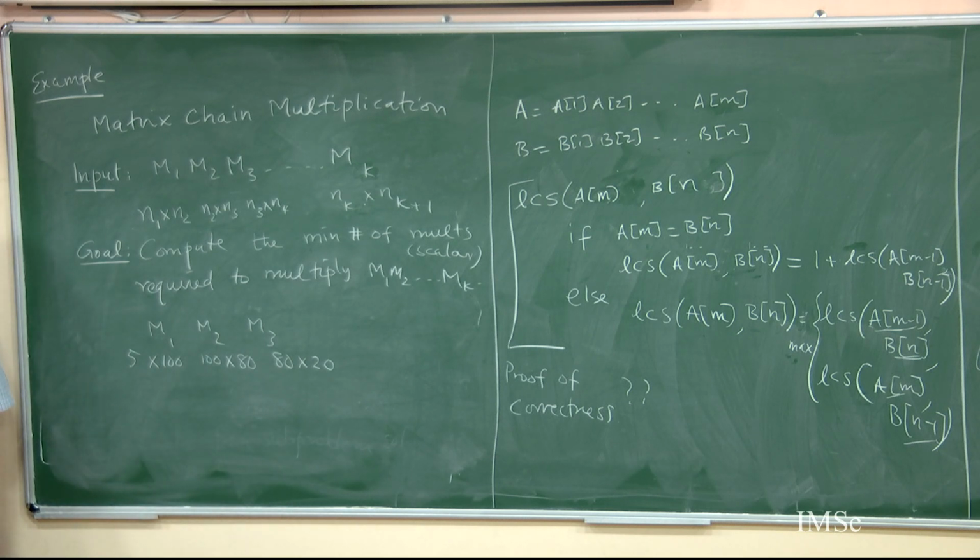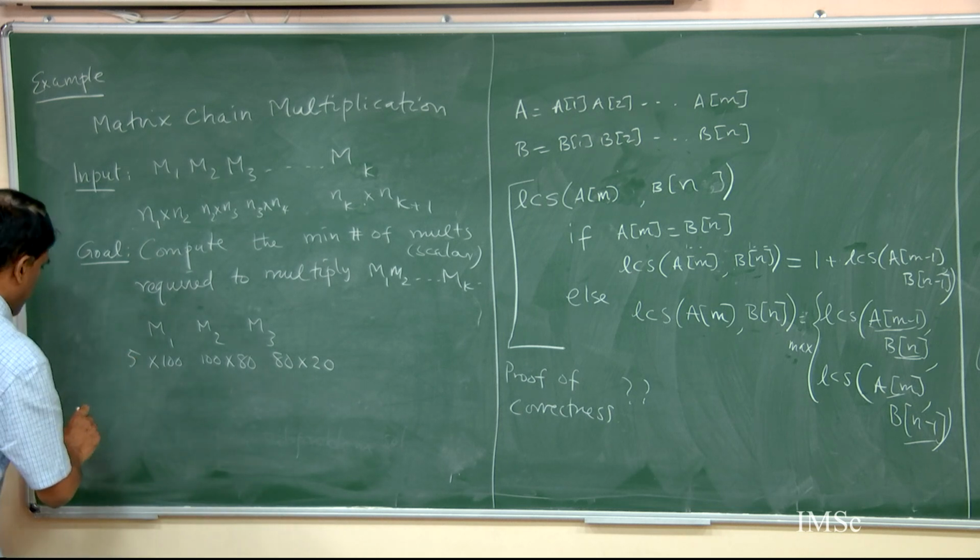My goal is to compute the product M1 into M2 into M3. Since matrix multiplication is associative, I can compute M1 into M2 first, and then multiply by M3, or I can compute M2 into M3 first and then multiply M1 with that product. Each of these two choices gives me a different number of scalar multiplications.